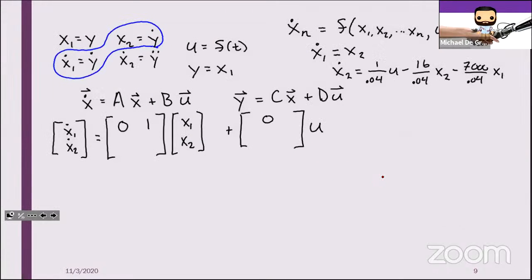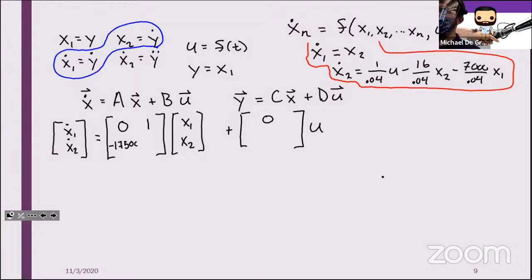That's where that came from. If we do this out, we get negative 175,000, negative 425 on this row.